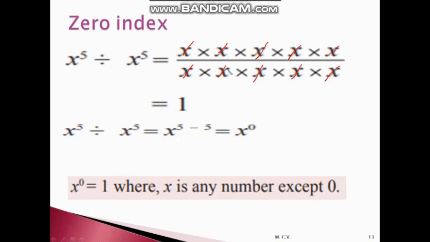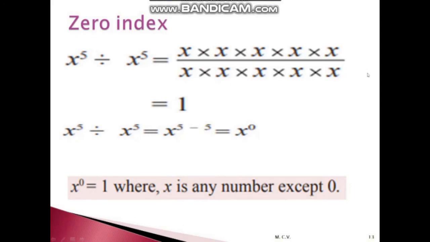When we apply the rule, we can write that as x to the power 5 minus 5. 5 minus 5 is 0, x to the power 0. So x to the power 0 is equal to 1. Then we can decide that we can apply the rule. When the index is 0, the answer is 1. 0 index always gives answer 1.